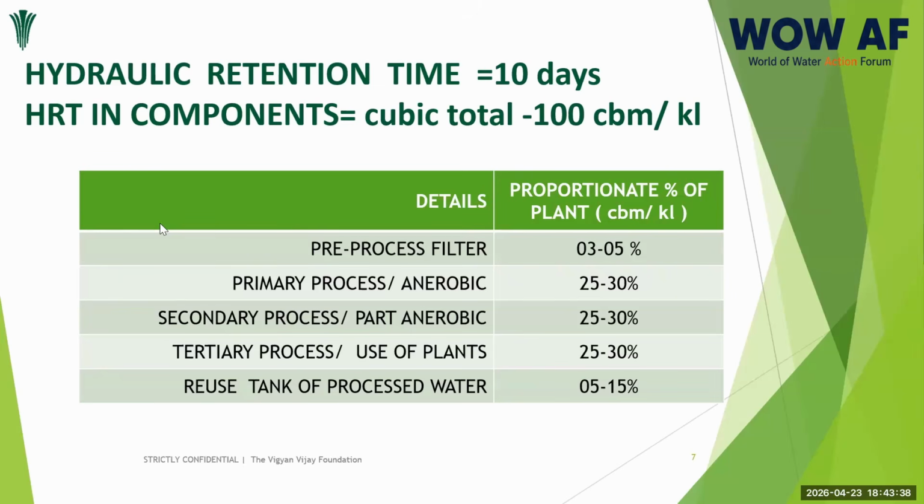The last comes reuse of process. This is again the water after it is totally purified and cleaned and made clear. It is stored. You have a 1 day storage for all the processed water, and all the flow and all the mechanisms are by gravity.